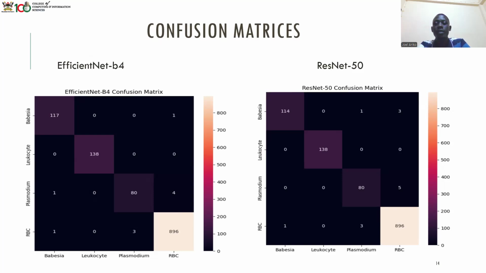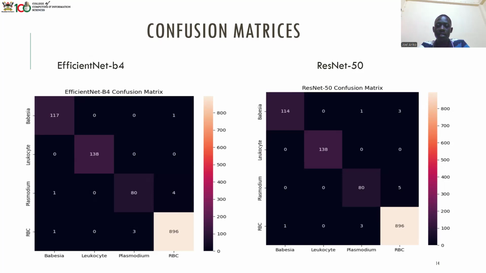Equally on this side, for the ResNet, most of its predictions lie along the diagonal, meaning the model correctly classified most of these images. For the ResNet 50, we had 118 Babesia cells. 4 of them were predicted incorrectly, where 3 were predicted as red blood cells and 1 as plasmodium.